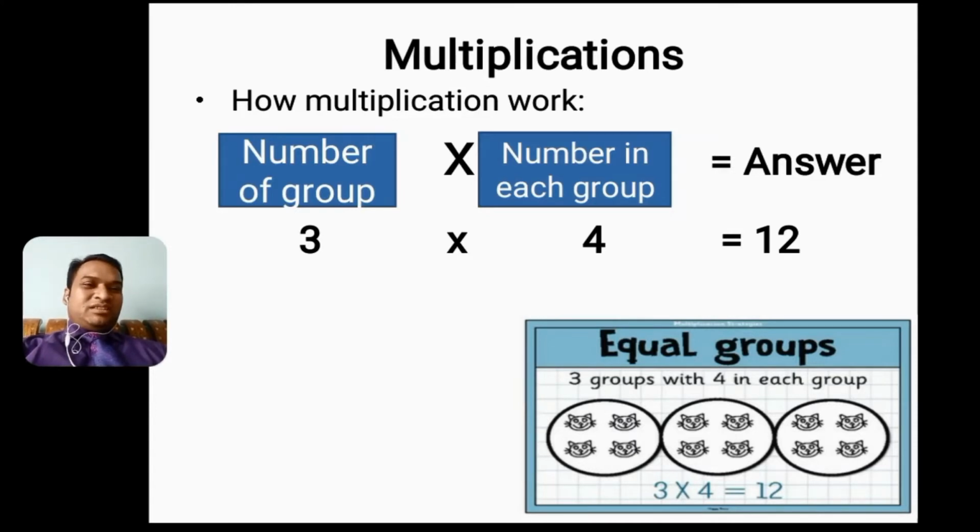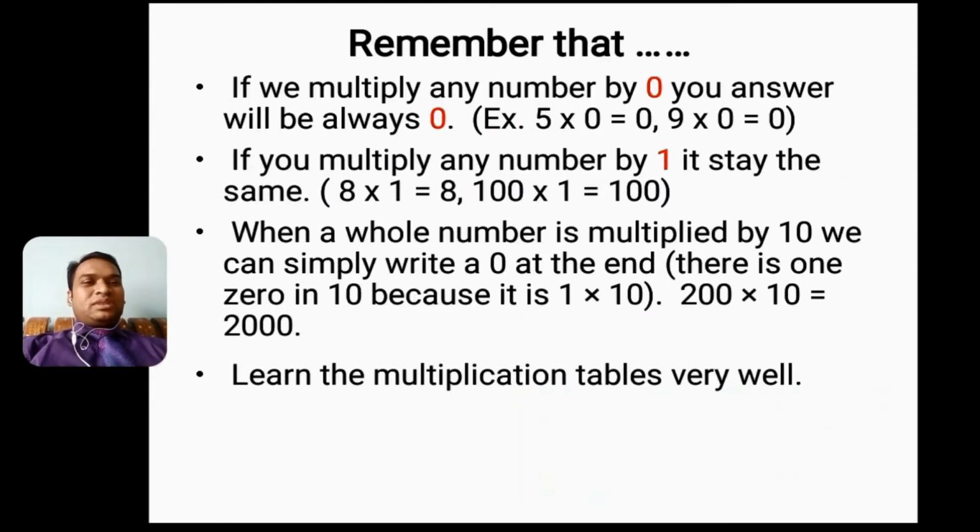You can see 3 groups, and in every group there are 4 items, like 4 heads of cats. So 3 groups, and every group has 4 things. When we multiply 3 into 4, it becomes 12. In this way multiplication works. I hope you understand.